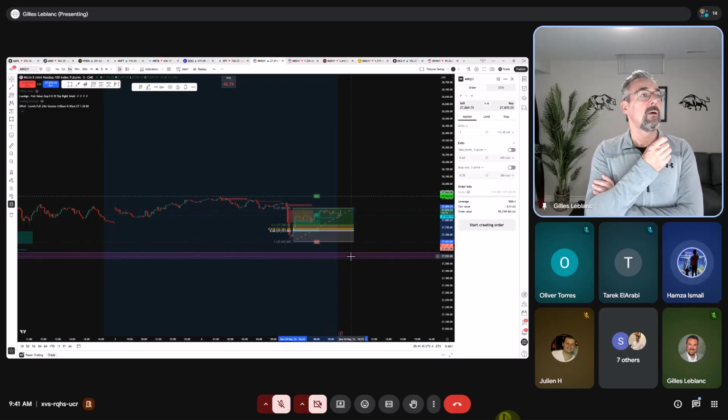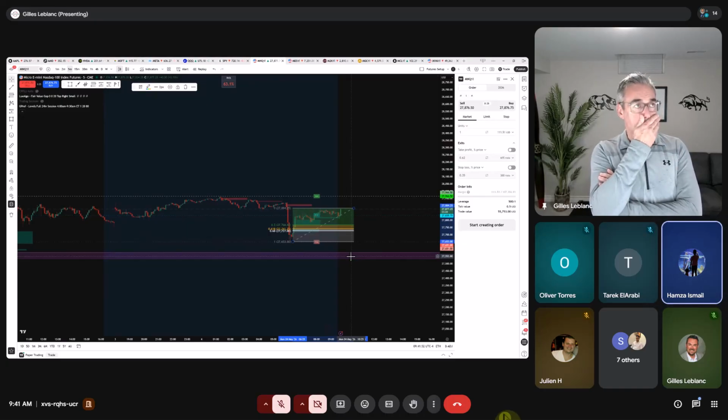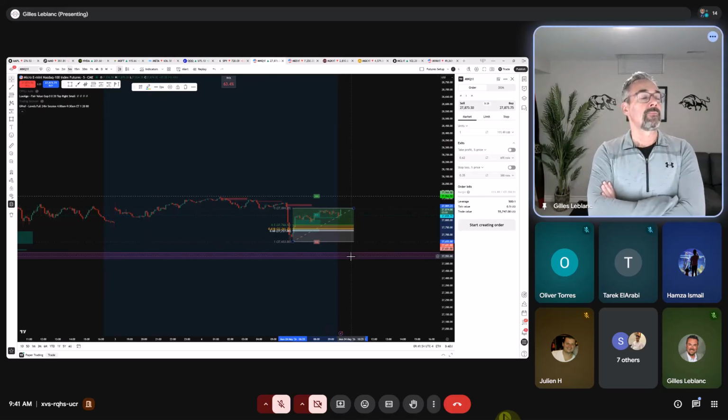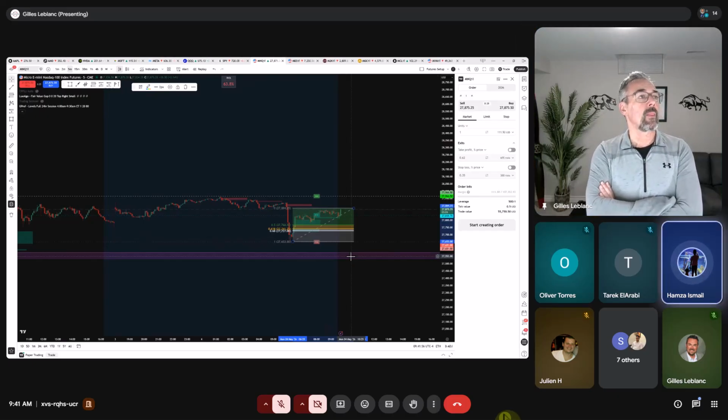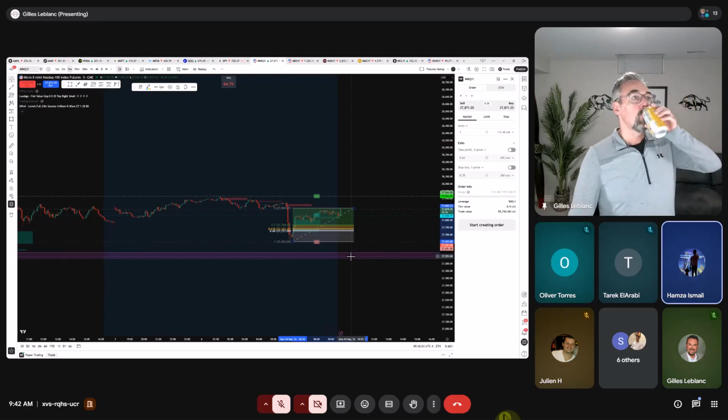Yeah. I don't use Interactive Brokers myself, but I did use it in the past for trading equities. And in terms of the order functionality, when IBKR is connected to TradingView, you don't have the same functionality.